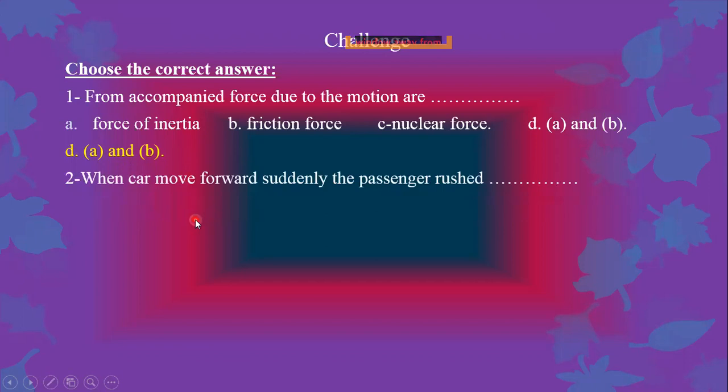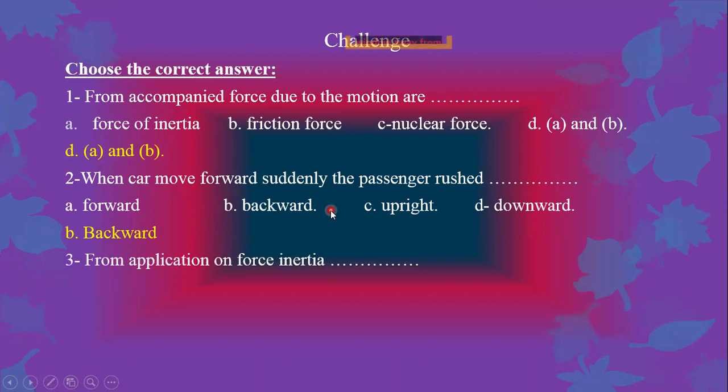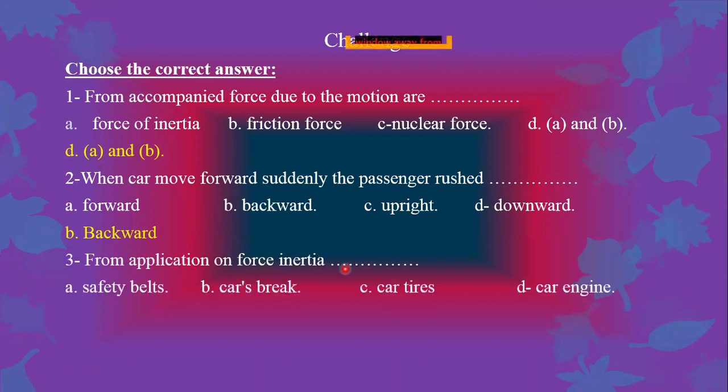When a car moves forward suddenly, the passenger is rushed backward. From the application of force of inertia, what do we use to decrease the effect of inertia? Could it be the car brakes, the car tires, or the car engine? Of course, it is the safety belt.